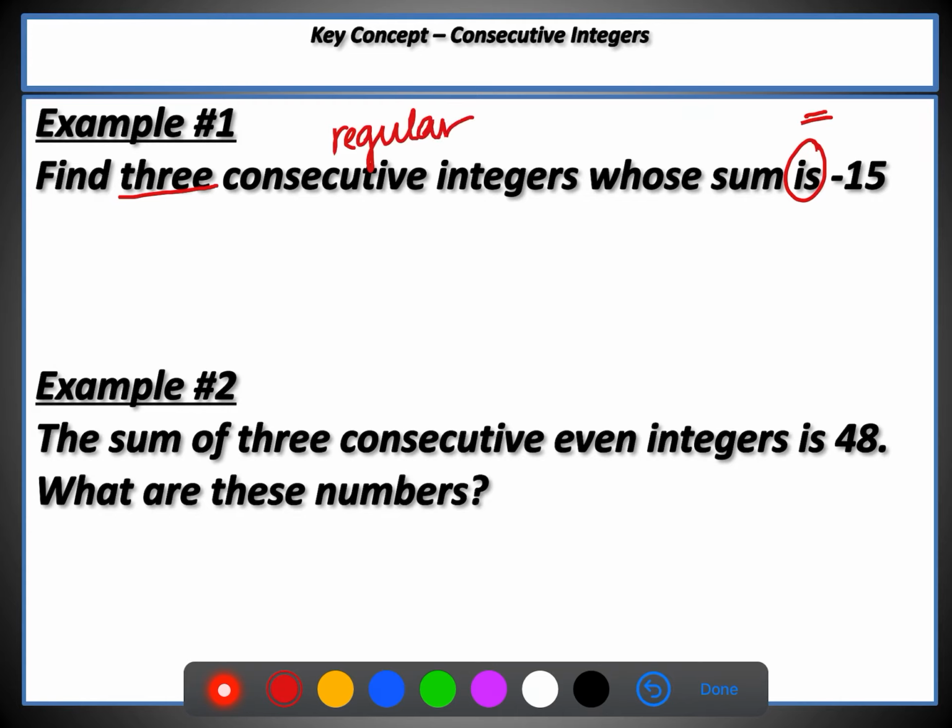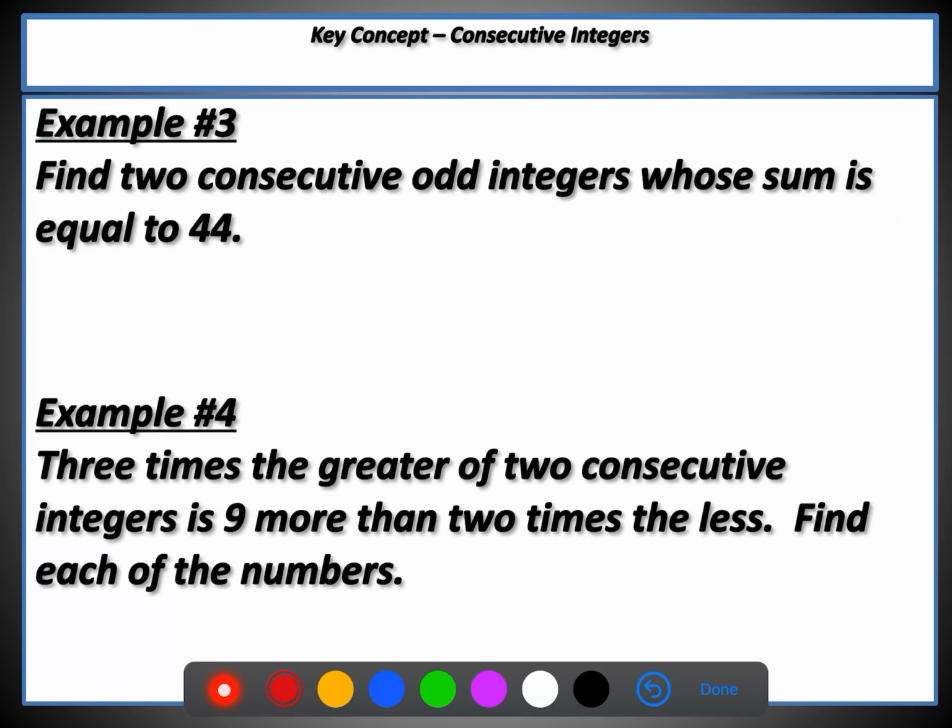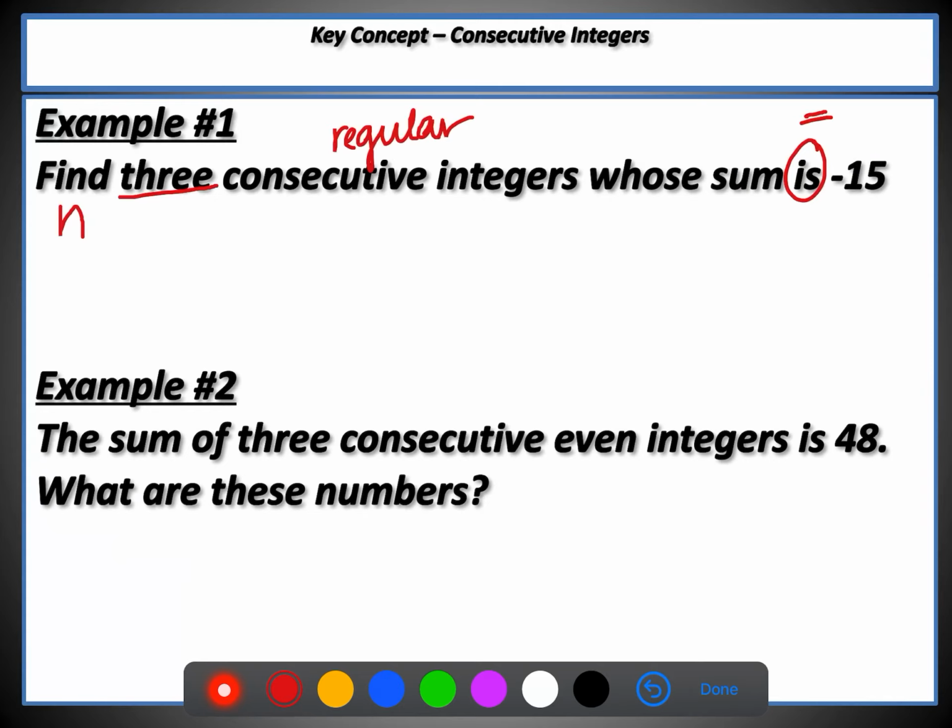So our first consecutive integer is always n. I want you to write down that notation. What will our second number be? Our second consecutive integer should be n plus 1, and our third consecutive integer should be n plus 2. That gives me 3 numbers.